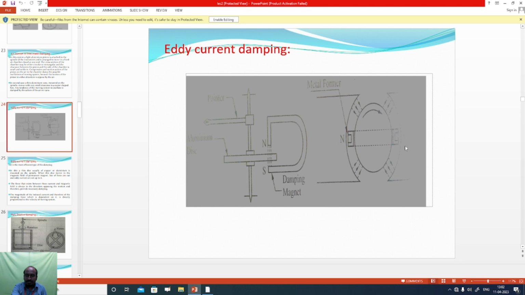As the circular disc moves inside the magnetic field, the magnetic lines of force are cut. The magnetic lines of force are indicated here. When they are cut, eddy current is set up.